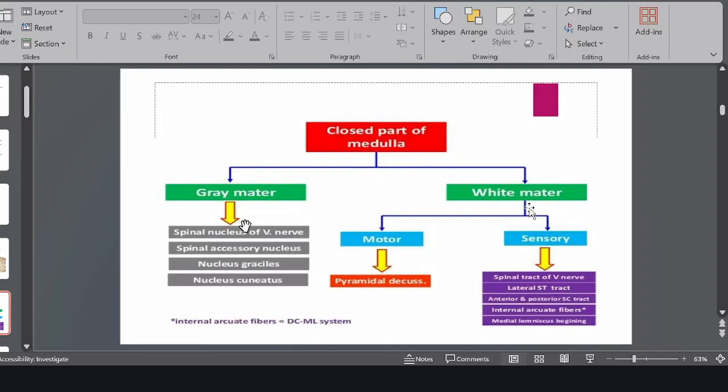After being interpreted, now the action is being carried out by the motor. Now, motor nervous system. I think that is well understood, class. Is that well understood? Yes. Okay.